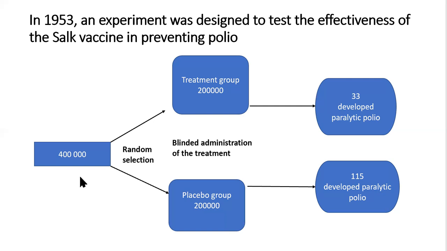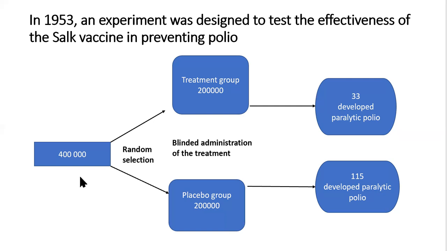And then after that, one group was given the actual vaccine, and another one was given a fake treatment, like a sugar pill. Well, since it's a vaccine, I think it was a saline solution at that time.